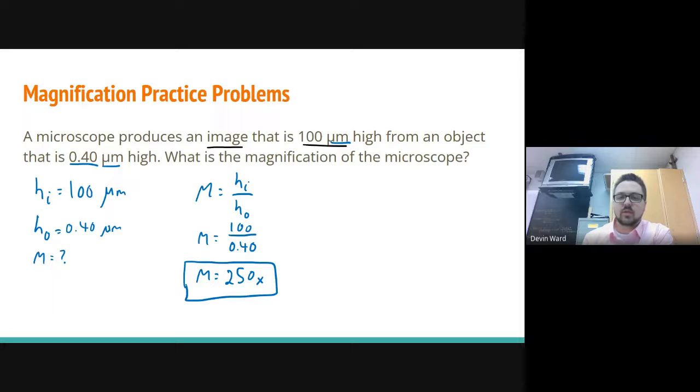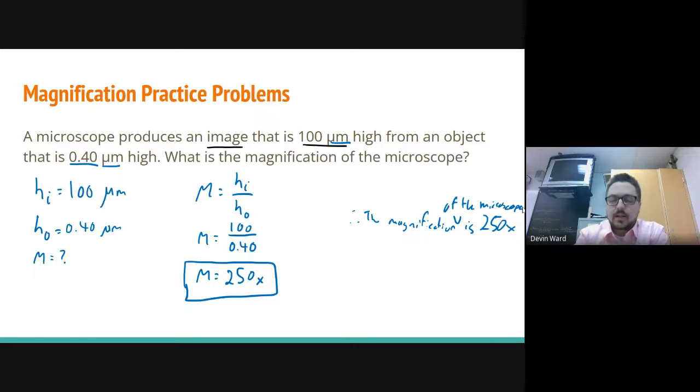The unit, it's not really a unit, it's just times, because it's 250 times bigger than what it actually is. Therefore, the magnification of the microscope is 250 times.